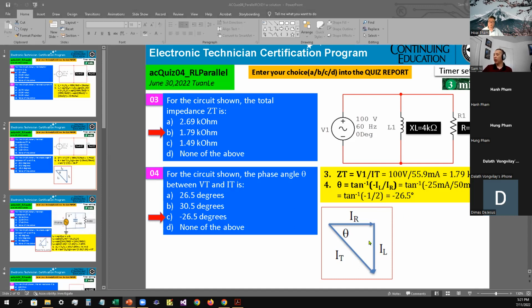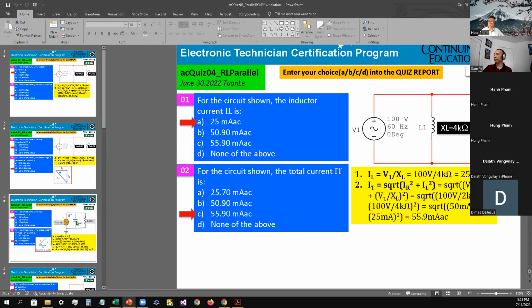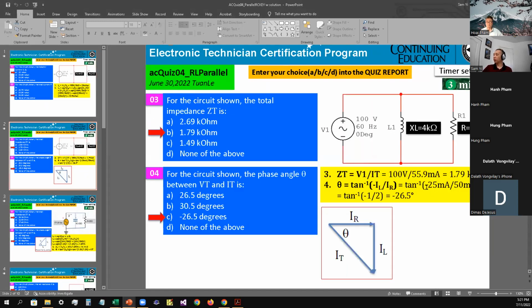So IL, which we calculated earlier in number 1, was 25 milliamps, and IR would be 50 milliamps. So negative 25 milliamps divided by 50 milliamps, and take the arctangent of that. That comes to negative 26.5 degrees. So the answer is C as in cat for number 4.